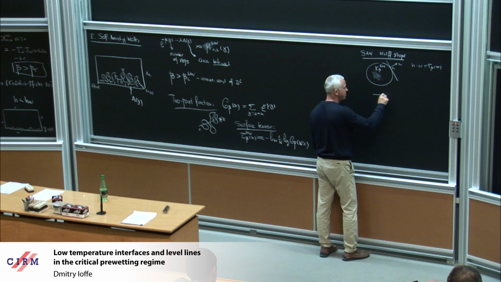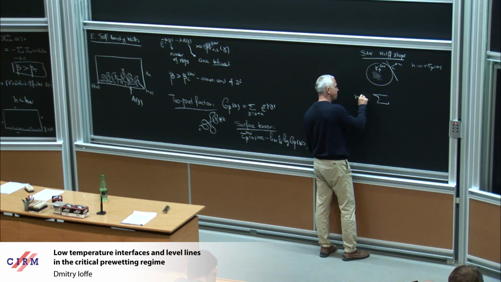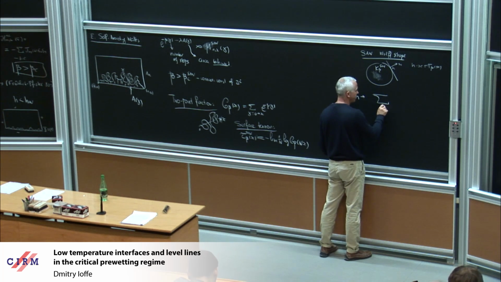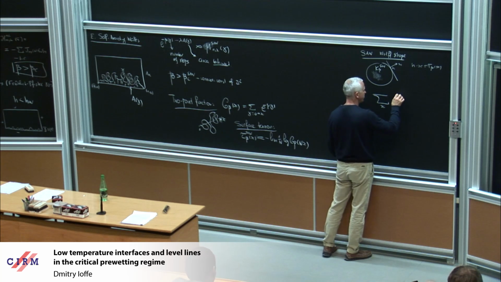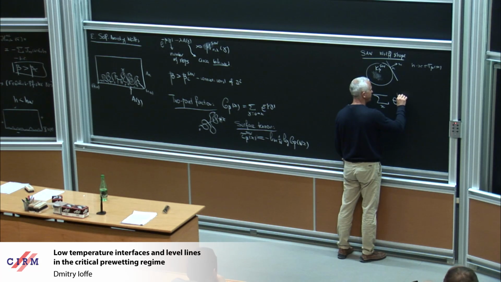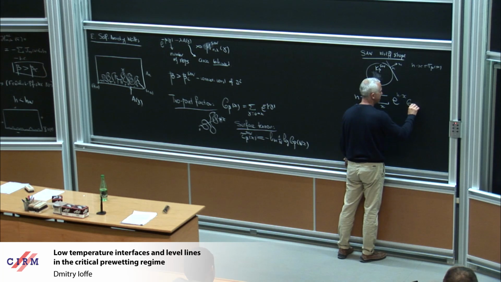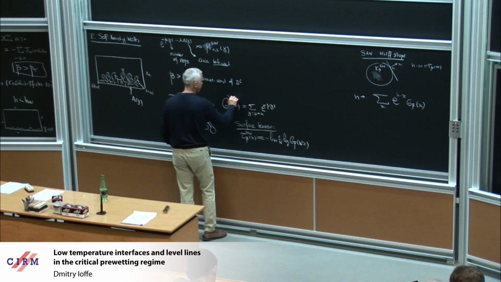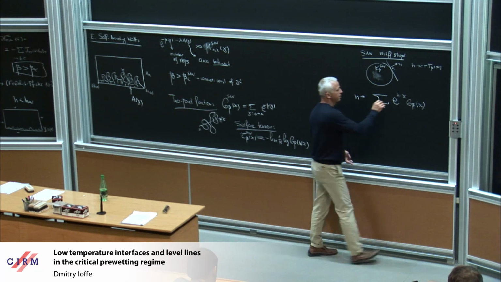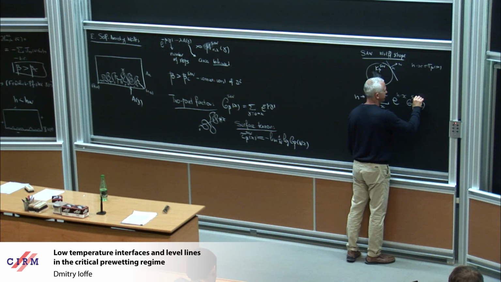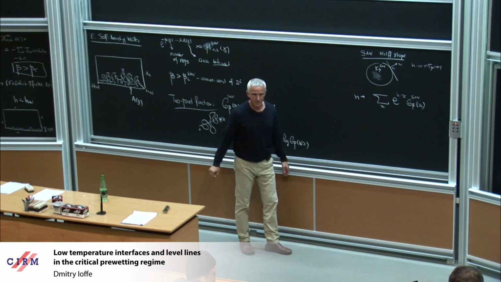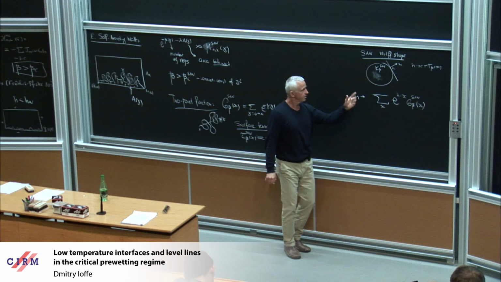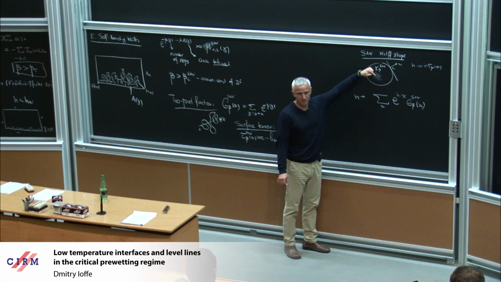If you consider the series h, sum over all x's, e to the h dot x, g beta of x, then for this series the boundary of the Wulff shape is exactly the radius of convergence.